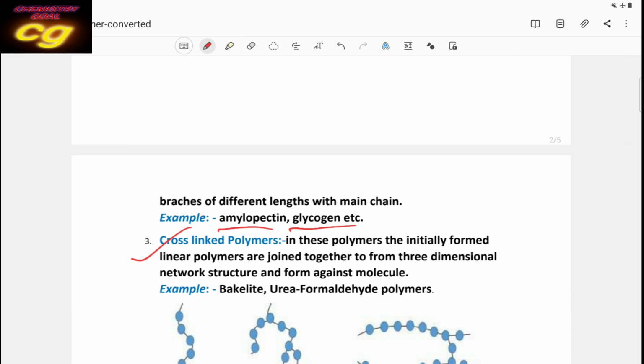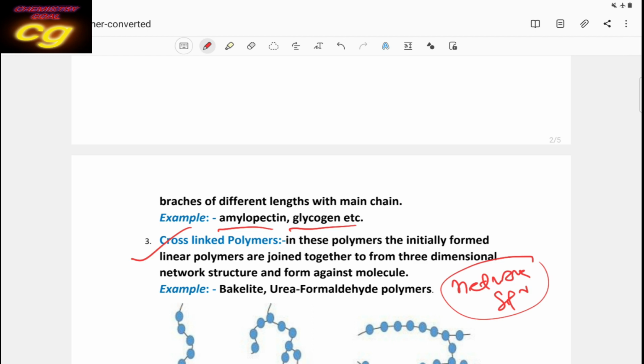And cross-linked polymer means the chains are joined to one another in between, forming a network structure. Very important, this forms a network structure. That's why cross-linked polymer will be formed.